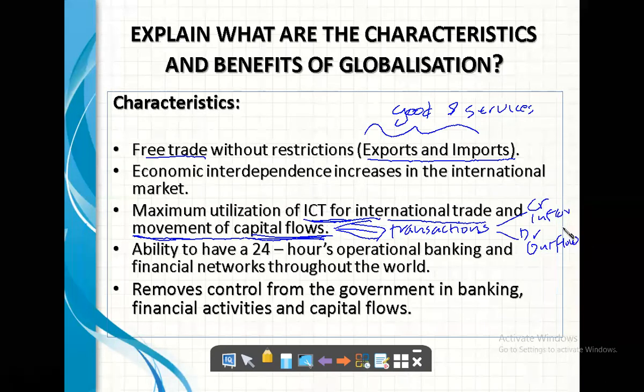So in capital flows using ICT, we are talking about direct transfers of cash or capital, or automatic deductions in our account.